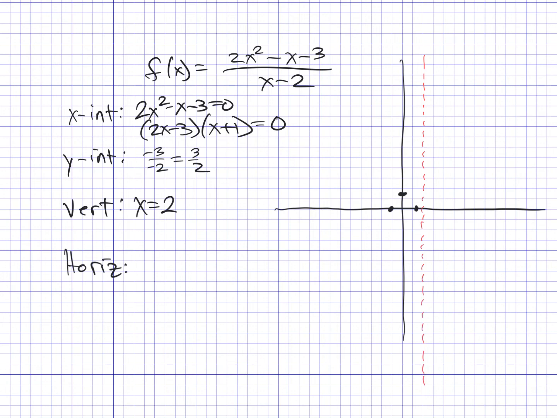Horizontal asymptote: the top exponent's bigger than the bottom one, so you must do long division. How do we do long division, everybody? Take the first divided by the first, so it'll be 2x. So 2x goes here, and we have to distribute it through.